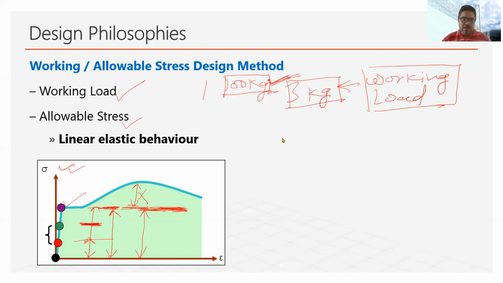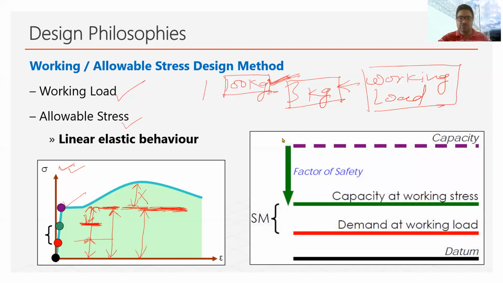This margin which I just showed, I will show you with another graph. There you can see this red line is showing the limit of load that we are expecting this steel structure will carry, and with the green line we are expecting that this is the capacity at the working stress.